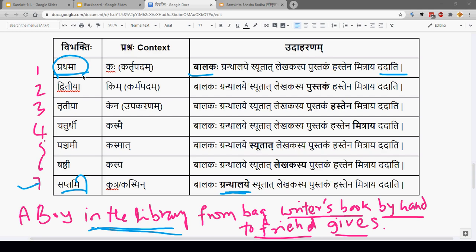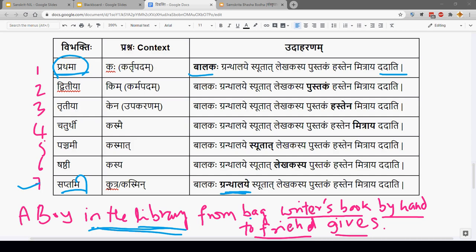But in English it might be different, because there is no case ending as such. There are prepositions. So just looking at "the library" or "the bag," we don't know whether it is a subject or not.